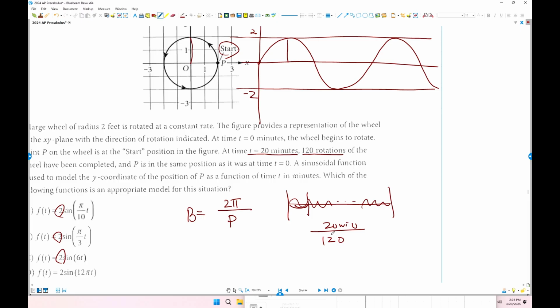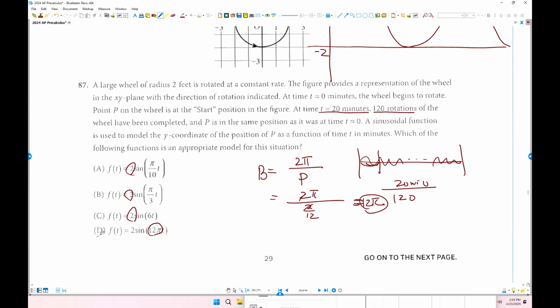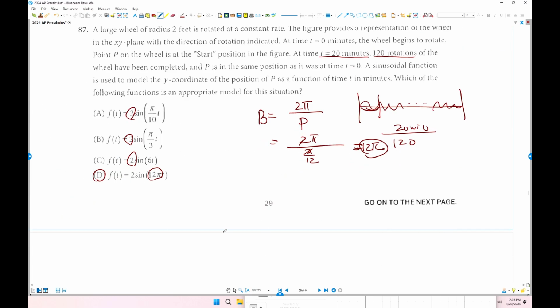That's the period, the interval for one cycle. So 2 pi over one cycle is 2 over 12, which cancels out, it's going to be 12 pi as the B value. So 12 pi t is the answer. Option D is the answer.